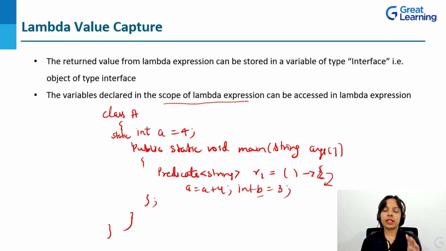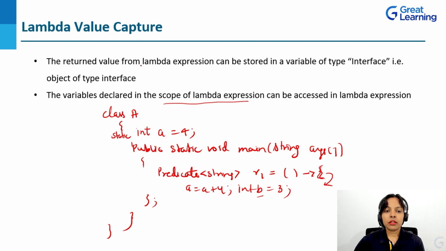So two places, if I define a variable, that is inside the enclosing class of a Lambda expression or in the Lambda expression body itself, then those variables will be accessible by the Lambda expression. Just make sure that if you are accessing some variable from a static field, then that should be declared static. But normally this rule applies that the variable declared in scope of Lambda expression should be accessed in Lambda expression only.